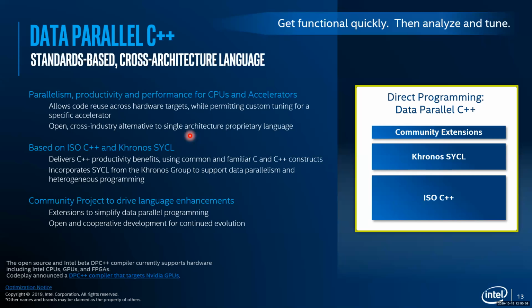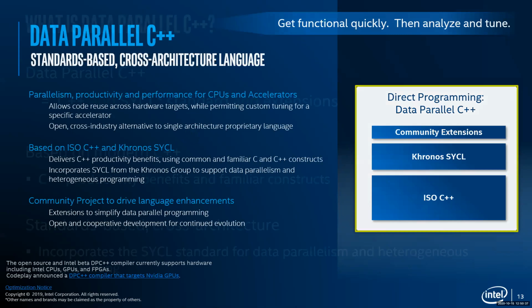On top of it, we have also added some community extensions, which are called unified shared memory and subgroups, which will be the second part of this session. These make use of some advanced hardware capabilities and also simplify the programming language.